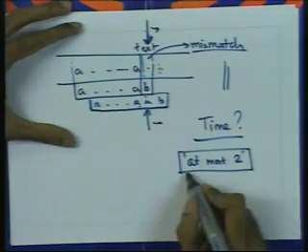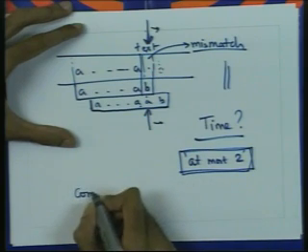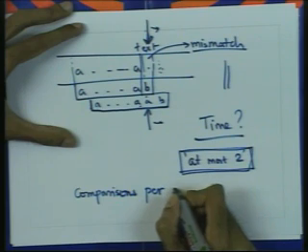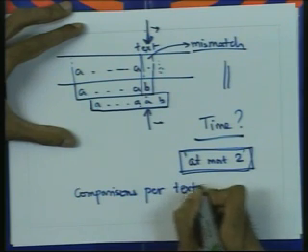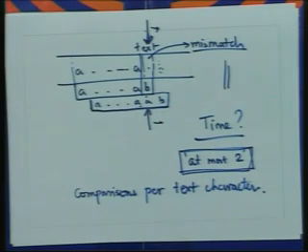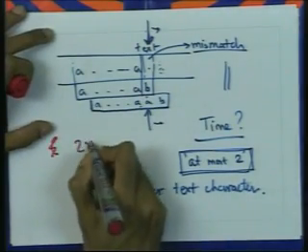So there can be at most 2 comparisons per text character. So for each character in the text there can be at most 2 comparisons. So the total time is 2n.